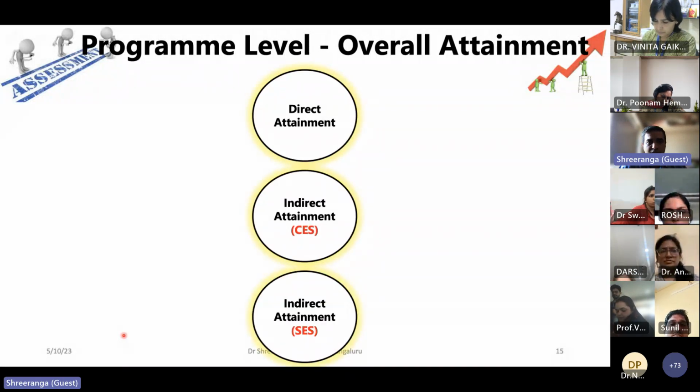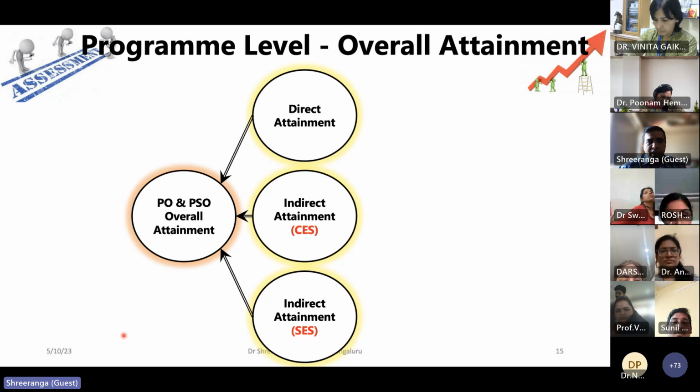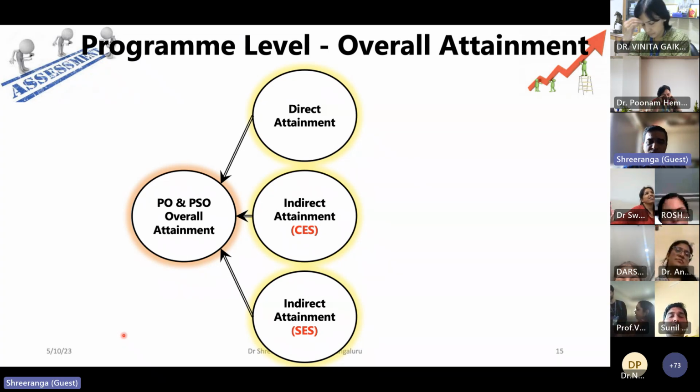As I said, direct attainment value, indirect attainment value, you can split into n number of indirect attainment values. At the moment we are going for course end survey, then semester end survey. There are some institutions going for a graduate survey after their graduation, let us say 1 or 2 years, especially not more than that.